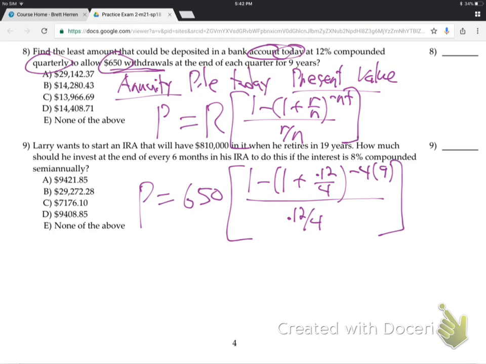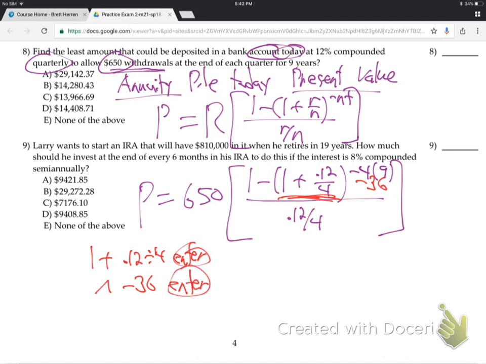Now let me help with how I type this in. I start right in here and go 1 plus 0.12 divided by 4, hit enter. Now this is minus 36, so I go to the power minus 36, enter.